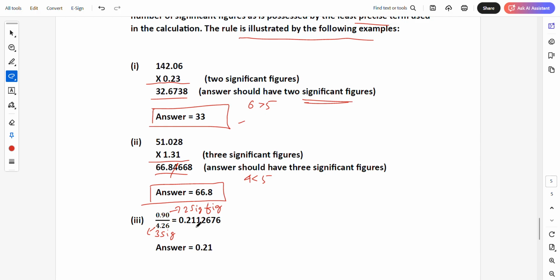We are getting this answer, but the answer should have 2 significant figures. That is 0.21. 1 is dropped. 1 is less than 5. The previous number will be as it is. First we are supposed to multiply or divide. Then we are supposed to check in how many significant figures the answer should be. Students, hope you have understood this.